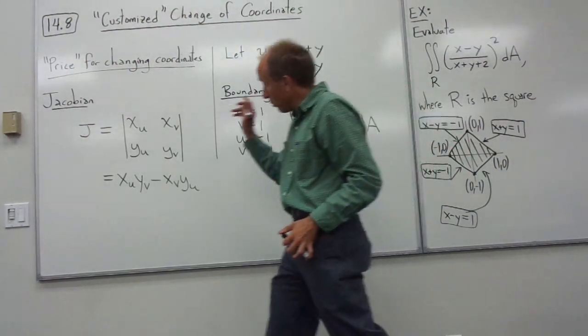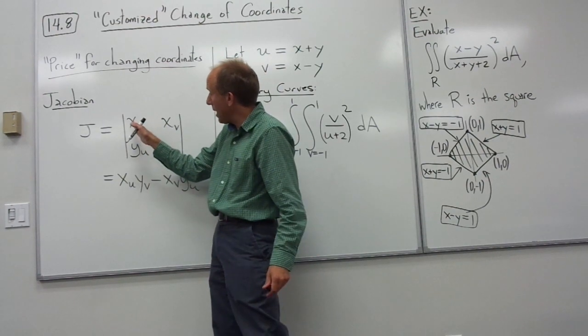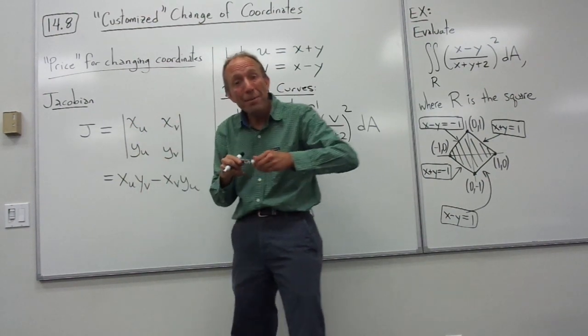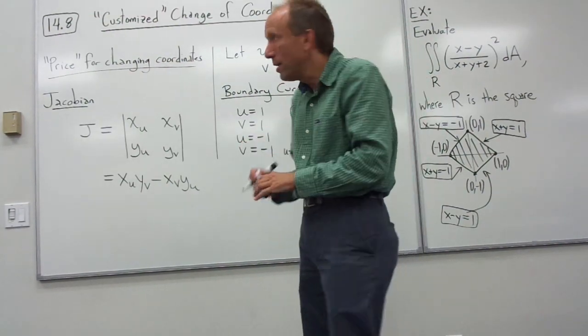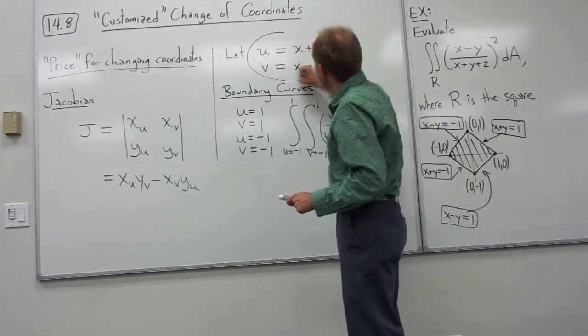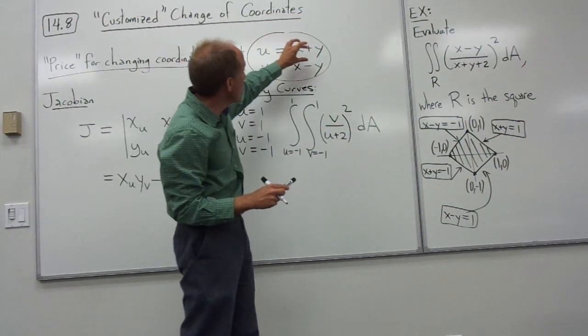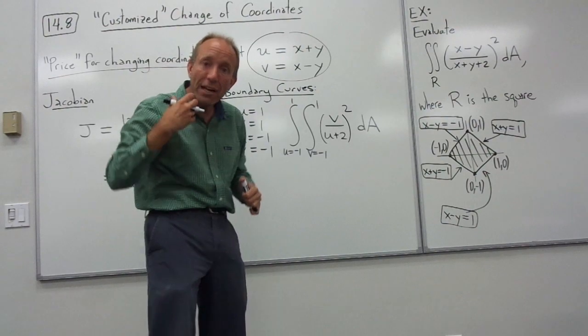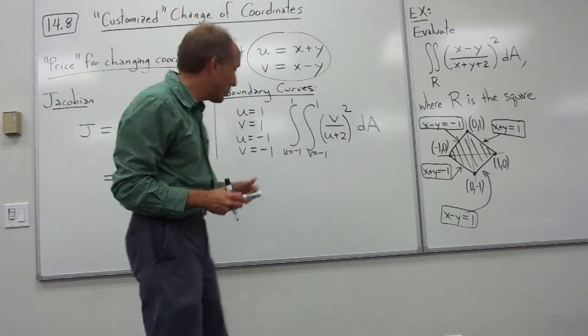Now, in order to do this, notice that I have the x and the y being differentiated with respect to u and v. So up here, I have the u and the v written in terms of x and y. And I actually need to get x and y in terms of u and v, right?